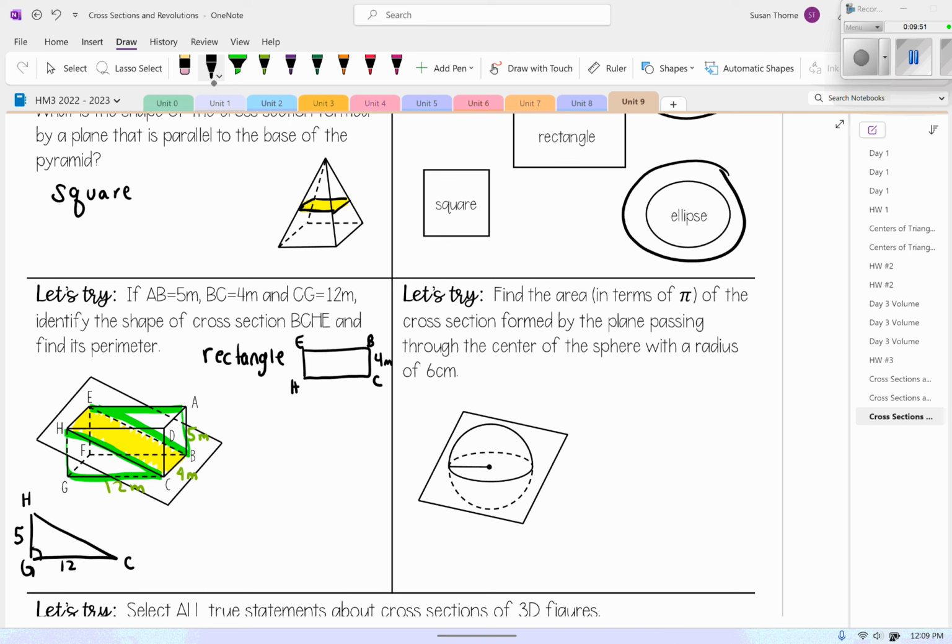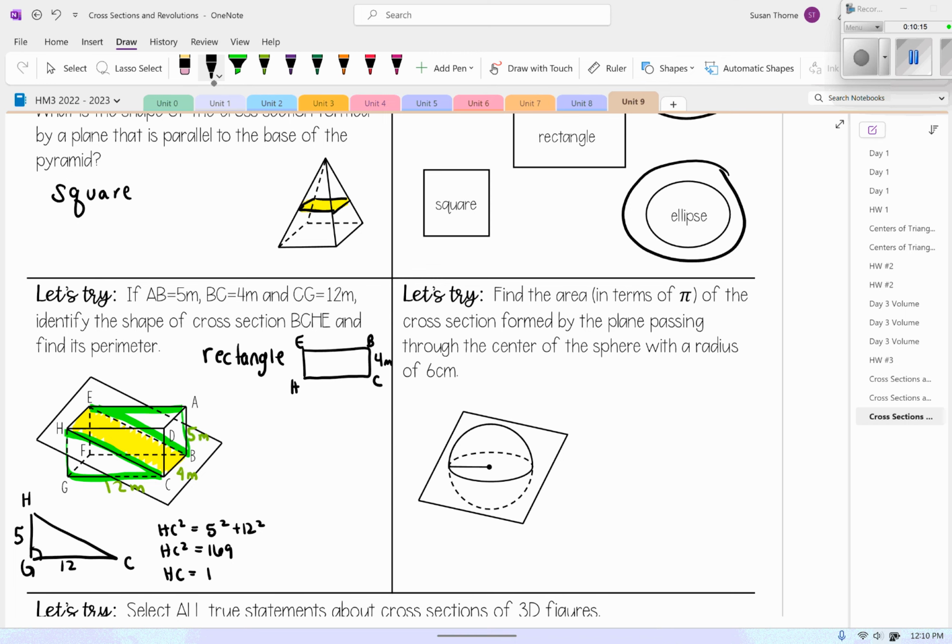So since it's a right triangle, we can use the Pythagorean theorem. So HC's length squared is equal to 5 squared plus 12 squared. So 5 squared is 25 and 12 squared is 144. So HC squared equals 169. Take the square root of that. And we don't need the negative answer because it's a distance.